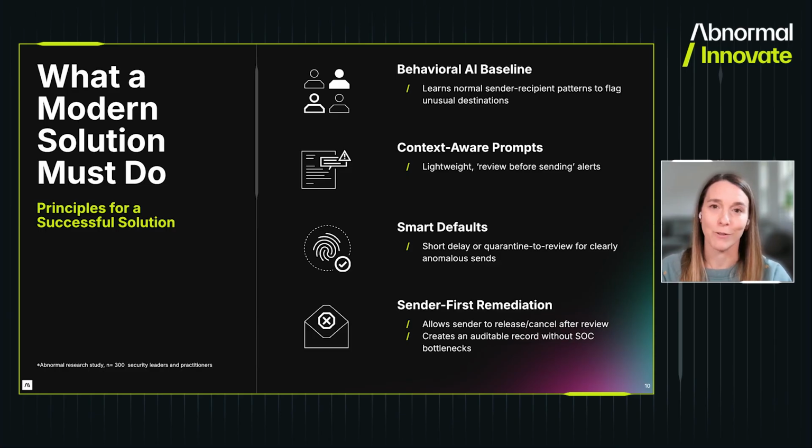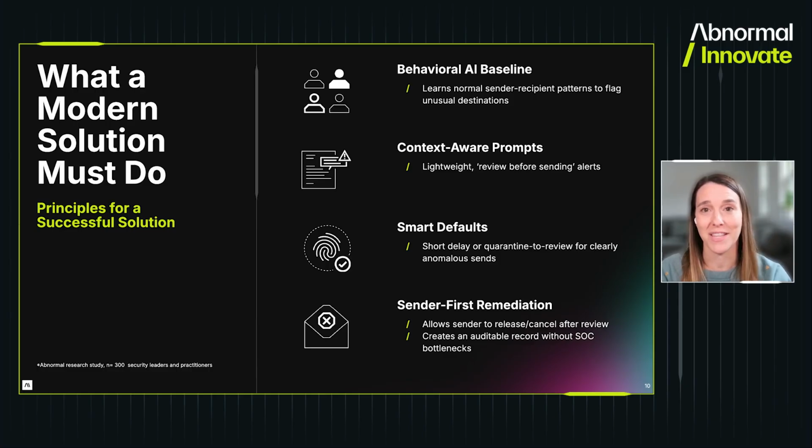In order for modern solutions to successfully catch misdirected email, you need to start with a behavioral AI baseline. You'll need a system that can not only learn those normal sender-recipient patterns, but also understands context and metadata to flag anything that looks unusual. When something is unusual, you need a lightweight alert to give that sender the ability to take some time to review.